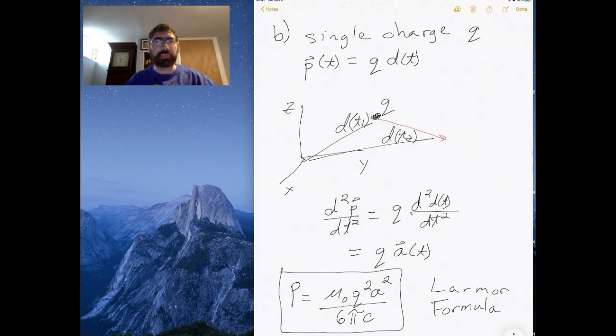So to think about what we've done in this set of videos looking at the radiation from an arbitrary source, we've essentially done a multipole expansion. We wrote out the charge in terms of a monopole term, a dipole term, and then figured out what the radiation is from there.